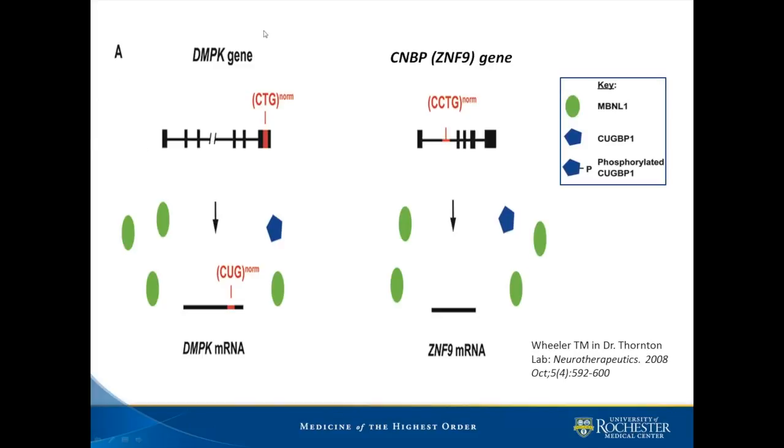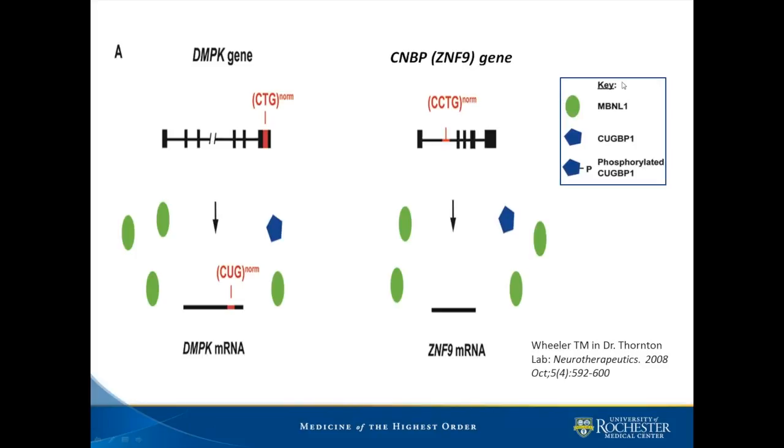At the top of this slide, there's DMPK, the myotonic dystrophy or dystrophia myotonica protein kinase gene. On the right-hand side is the comparable gene. This is on chromosome 3. This is chromosome 19. This is for myotonic dystrophy type 2.